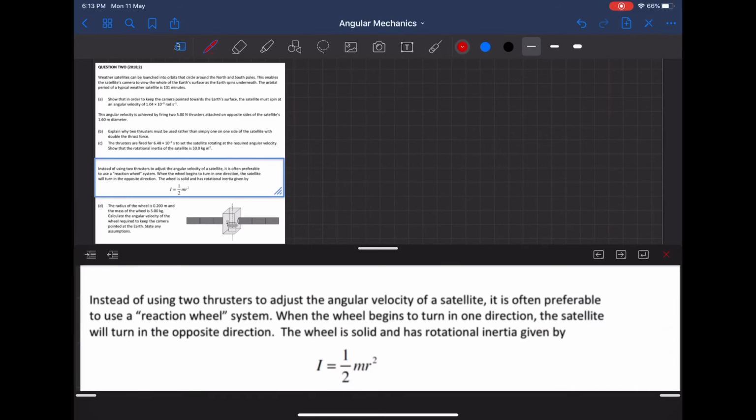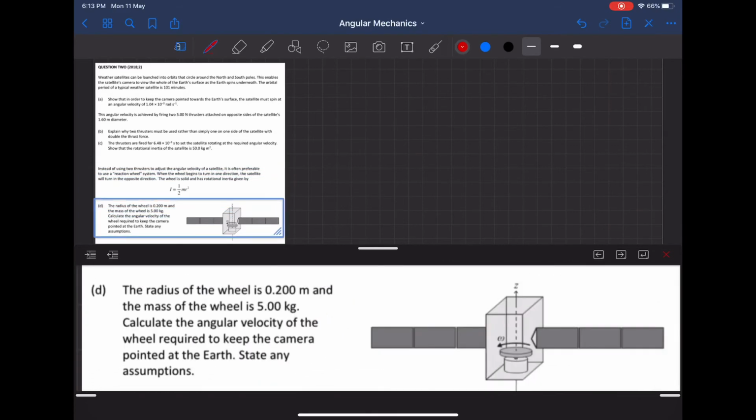The wheel is solid and has a rotational inertia given by the equation I equals 1 over 2 mr squared. The radius of the wheel is 0.200 meters and the mass of the wheel is 5 kilograms. Calculate the angular velocity of the wheel required to keep the camera pointed at the earth.